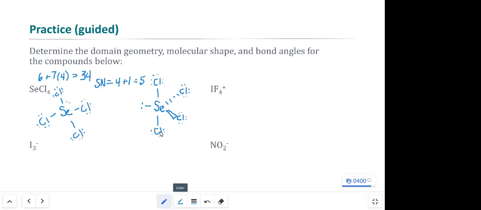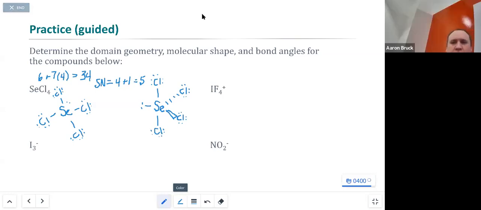Now for context here, I'm going to draw using my molecular model here. The trigonal bipyramidal shape, which looks like this. And if I'm going to draw it out properly, I'm going to put the chlorines in position here, where they would go according to this structure.